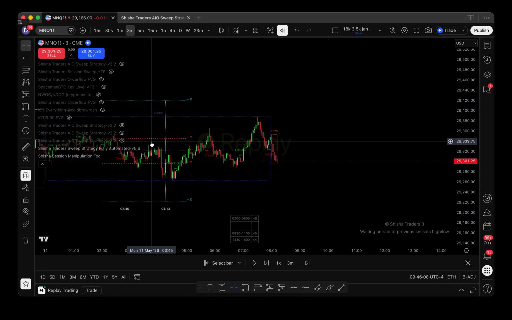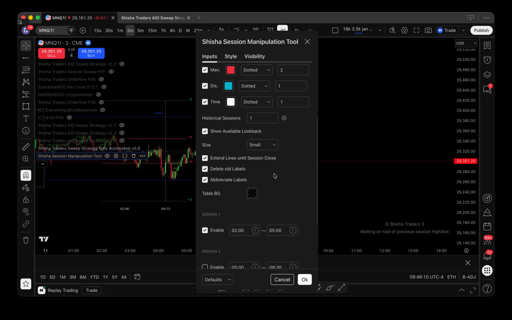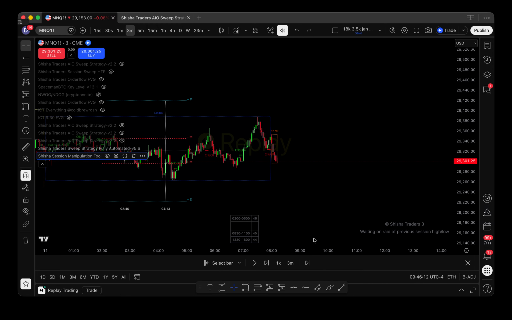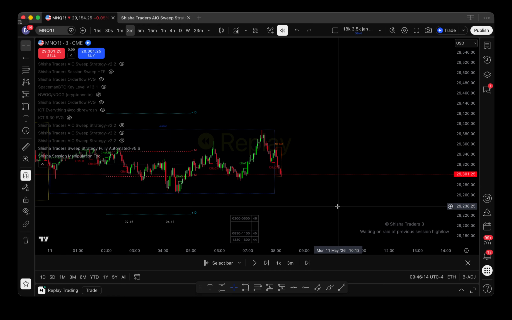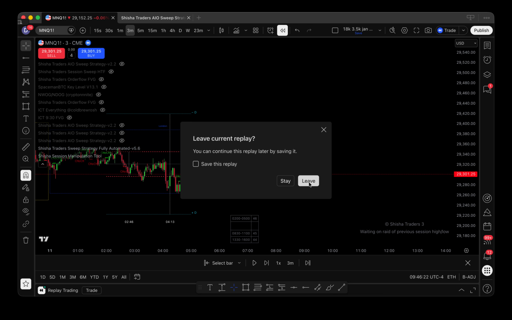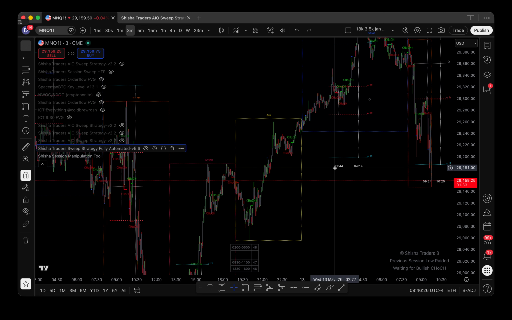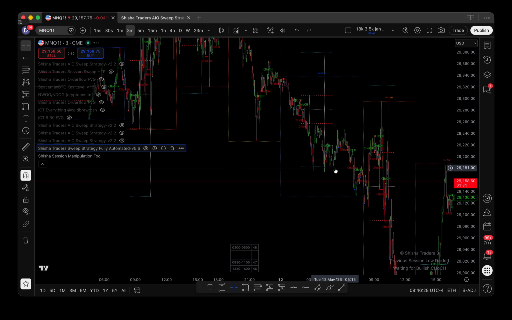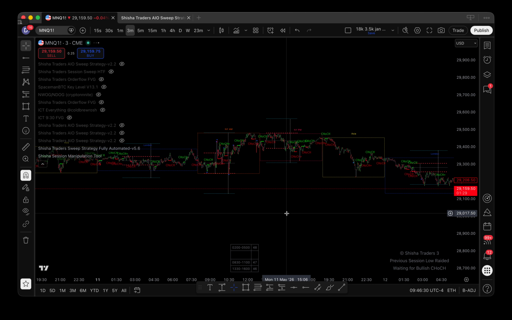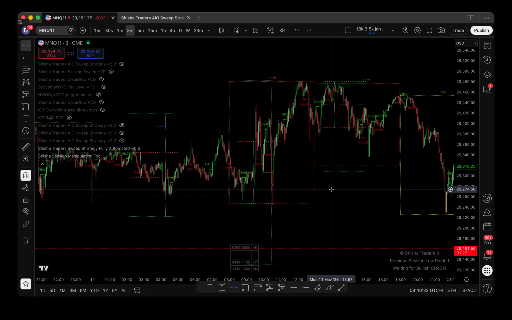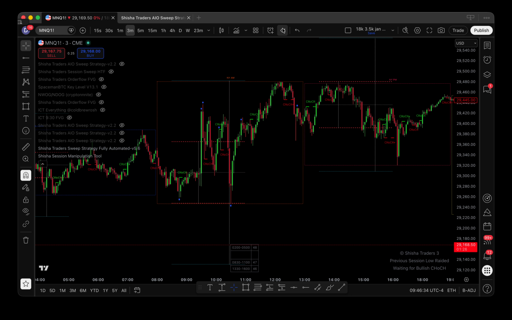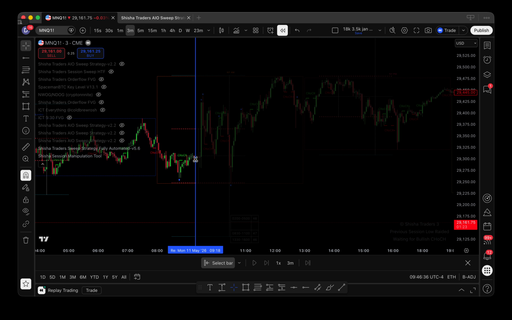This replay messed up something, I think. Hold on. Very interesting. It's working on live market, but not on replay. One second, guys. You're gonna see how powerful this is. Okay, it's right there. It's TradingView, guys.